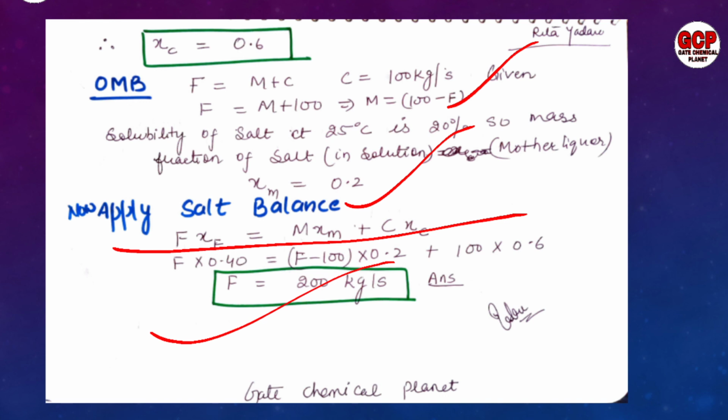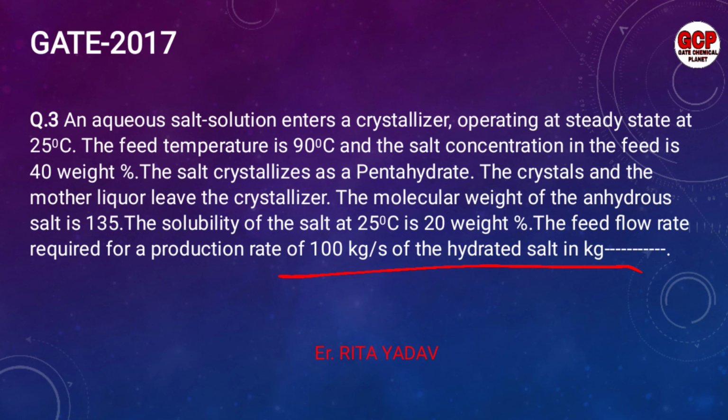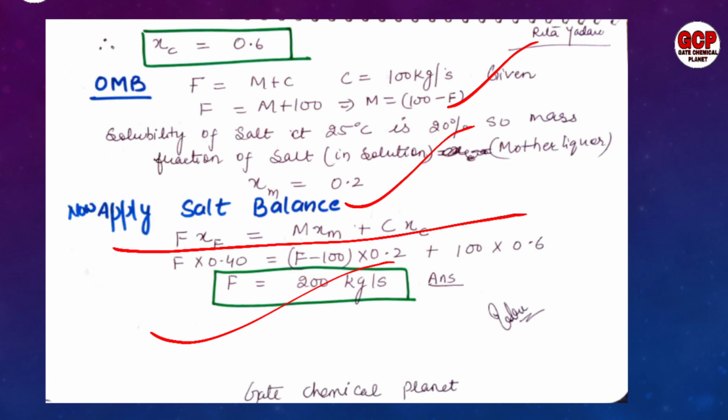In the question it is asked to calculate the feed flow rate required for the production of 100 kilograms per second of hydrated crystal, and here it comes out as F equals 200 kilograms per second.